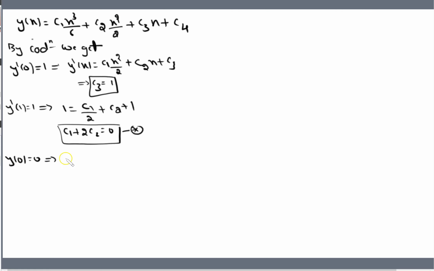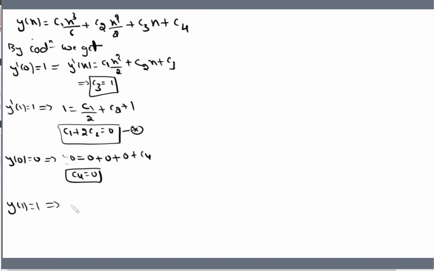From this condition, we get y of x as in the above, and I will directly put the values. It implies that 0 is equal to 0 plus 0 plus 0 plus c4. We get c4 is equal to 0, and one more condition, y of 1 is equal to 1.